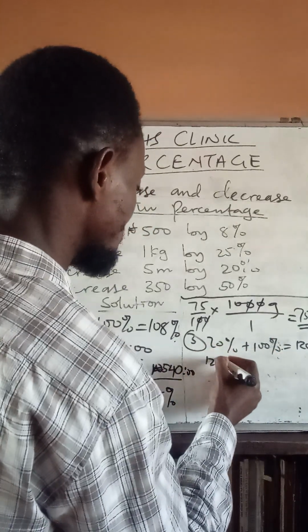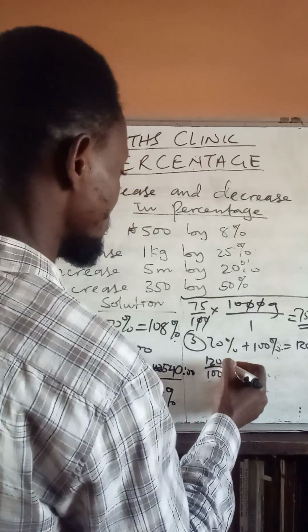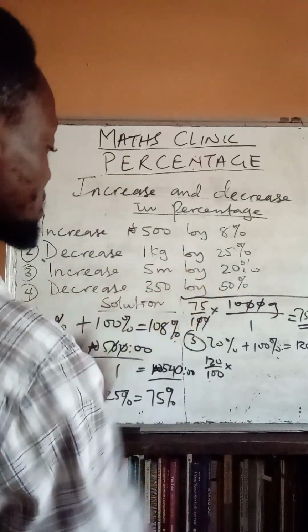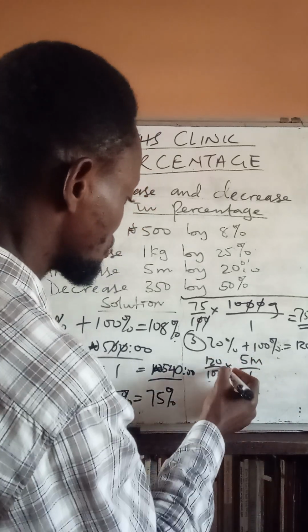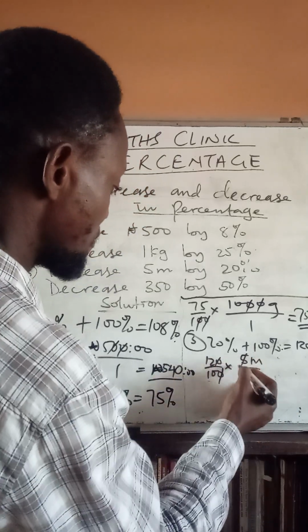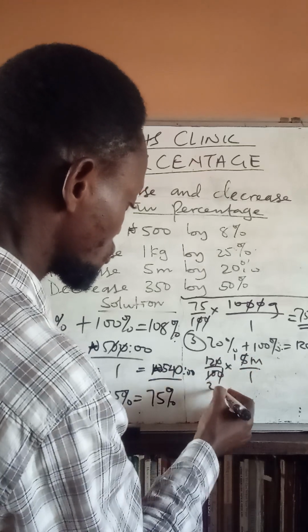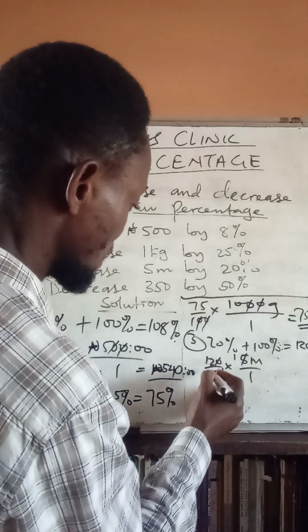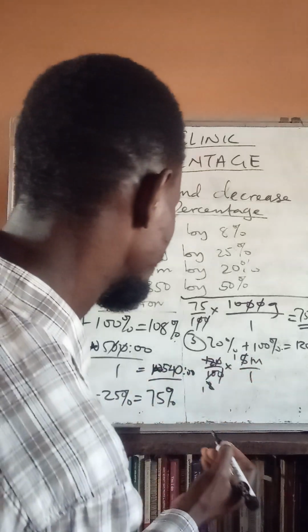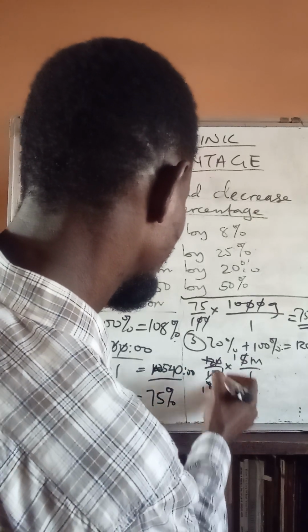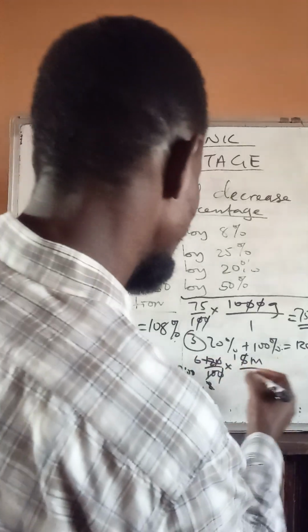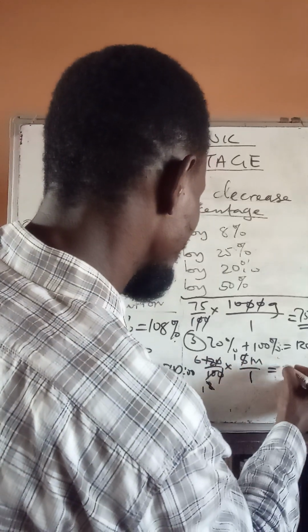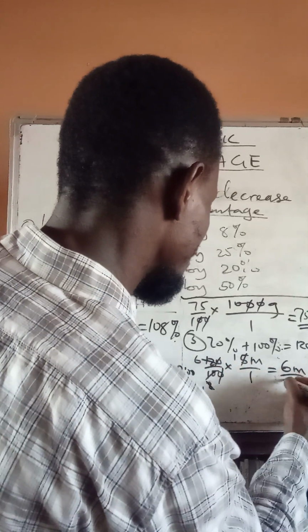So 120 all over 100 times 5 meters. 0 will cross 0. 5 here 1, 5 here is 2, 2 here 1, and 2 in 12 is 6. So now we have 6 times 1, and that will give us 6 meters.